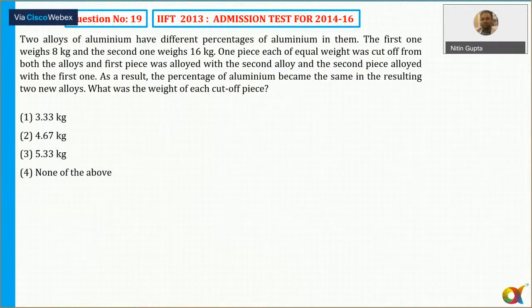Very, very interesting question. In fact, I'll say based on mixtures and solution. Question number 19. It says two alloys of aluminium have a different percentage of aluminium in them.